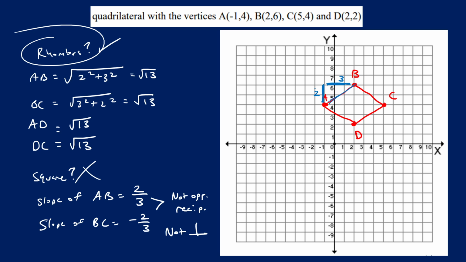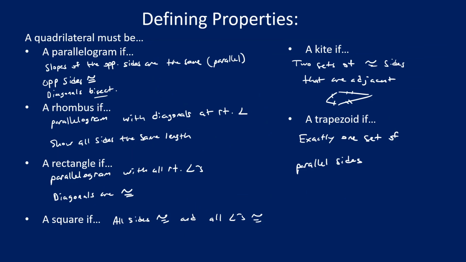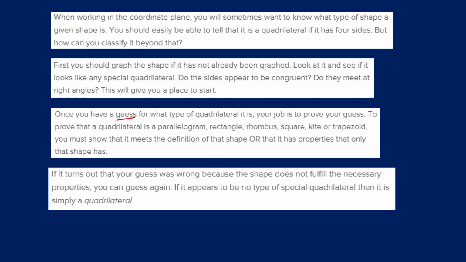By the way, if it is nothing, then you simply say that it is a quadrilateral. Okay, so that would be like a four-sided shape, kind of like this, where there's just nothing special going on. These are slightly different slopes. These are slightly different slopes. They're all different lengths. That's not going to happen very often, but if it ever does, you simply say it is a quadrilateral and nothing else.